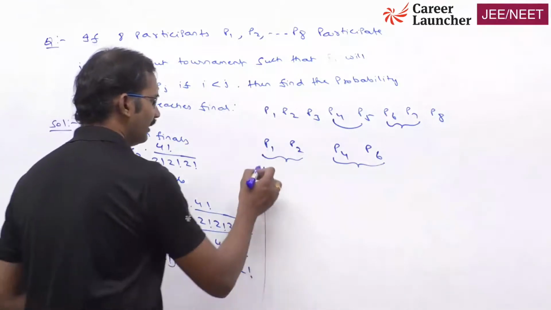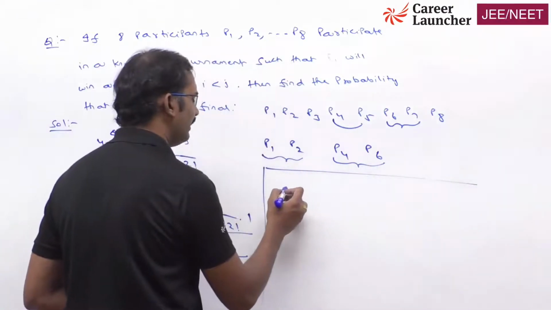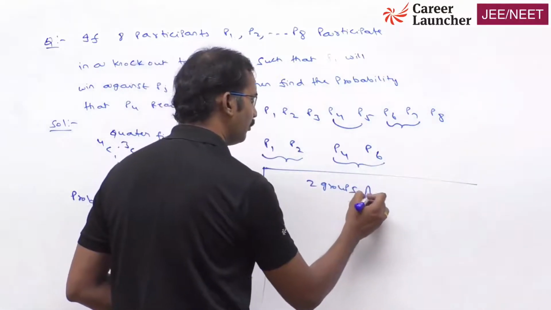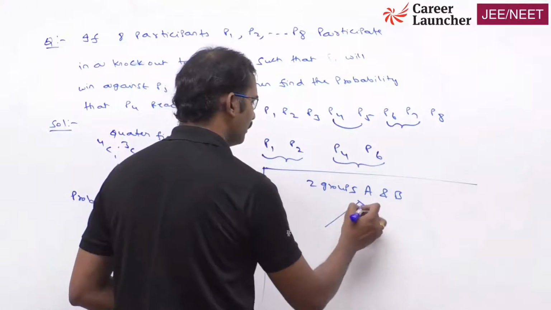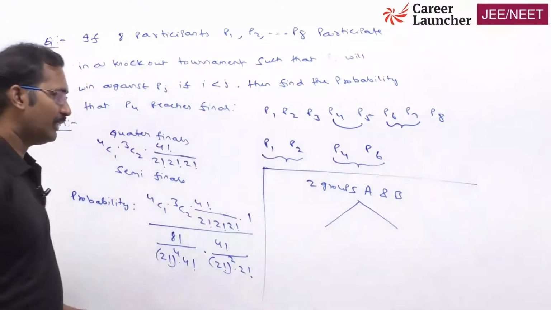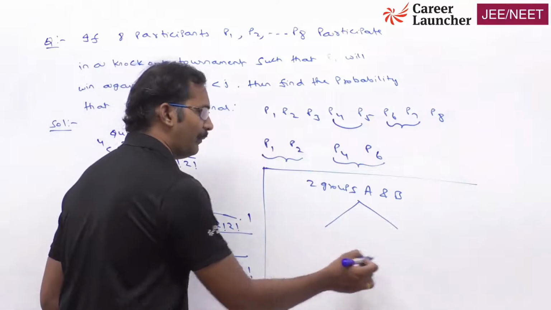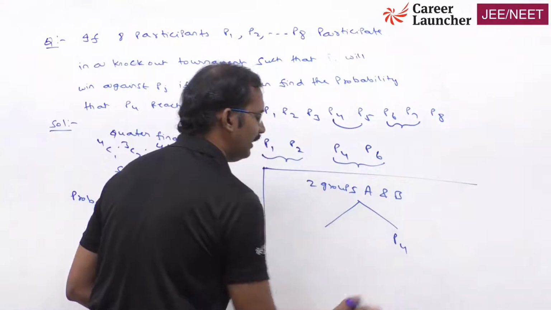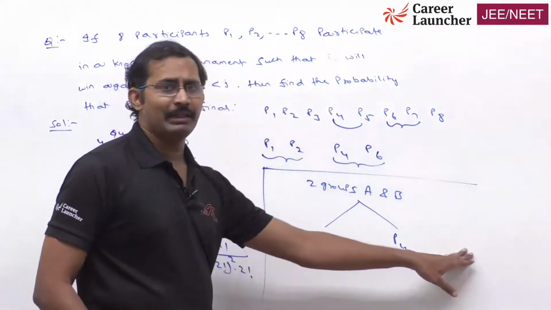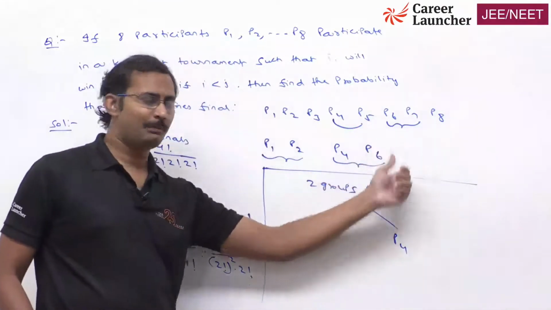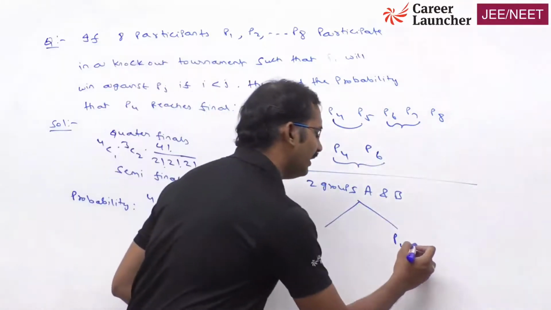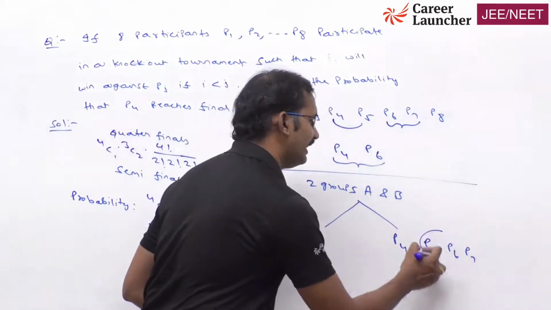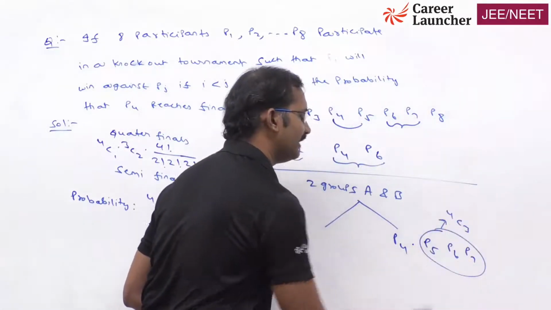Let us see an alternative method to solve this. What we will do is divide them into two groups, group A and group B. For P4 to reach the final, one will reach the final from group A and one from group B. So for P4 to reach the final, the remaining 3 people in his group should be chosen out of P5, P6, P7 and P8, so that P4 will win all the games. So choose any 3 out of the remaining 4, 4C3.